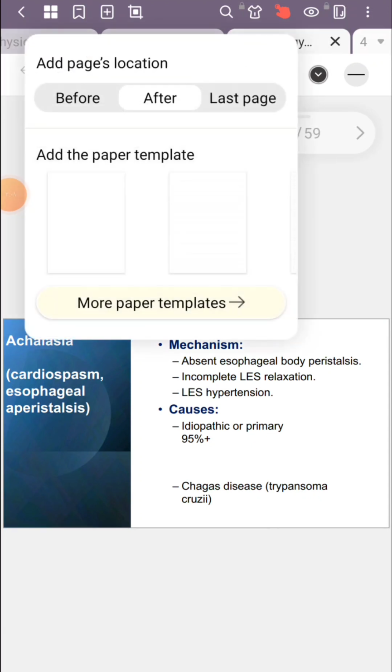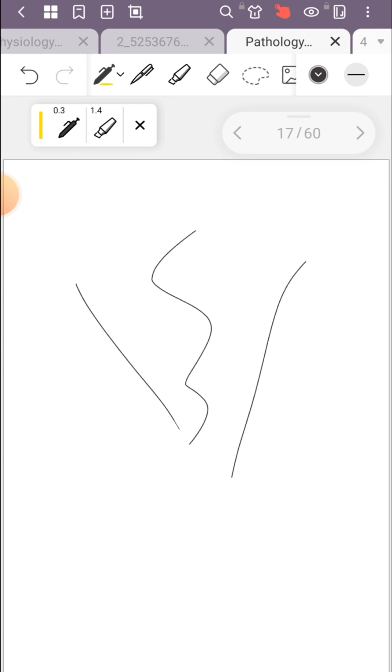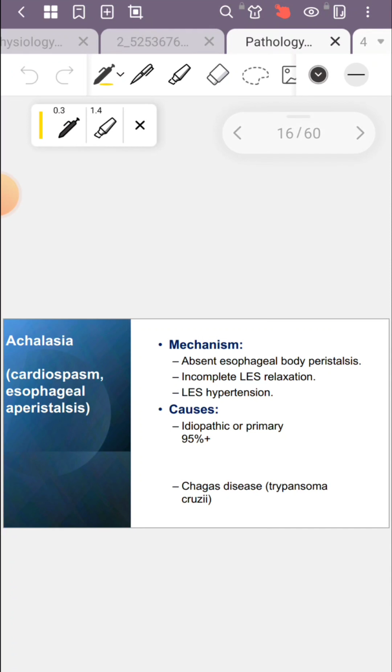Internal circular and outer longitudinal muscle layers. In between these two layers there is the myenteric nerve plexus. These myenteric nerve plexus are damaged or underdeveloped in achalasia.